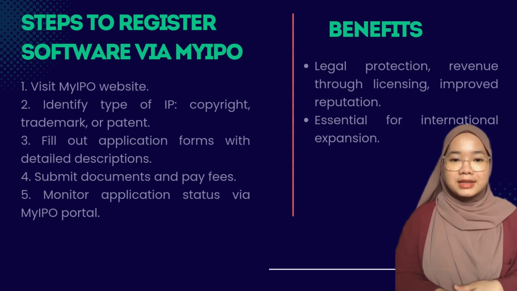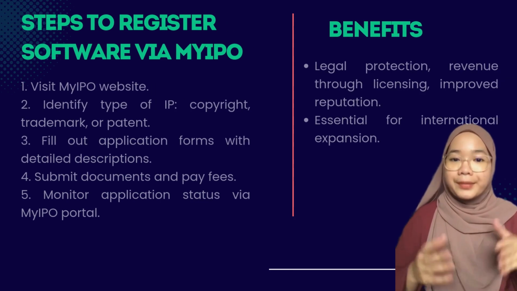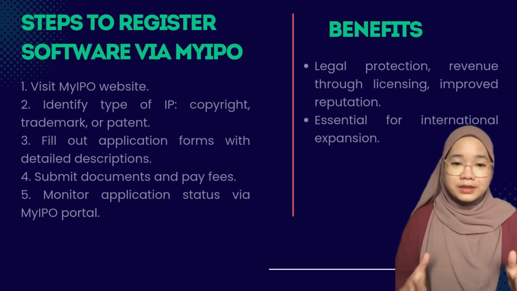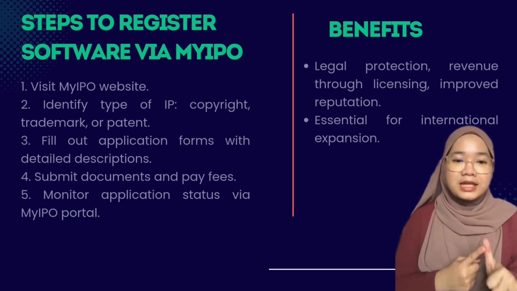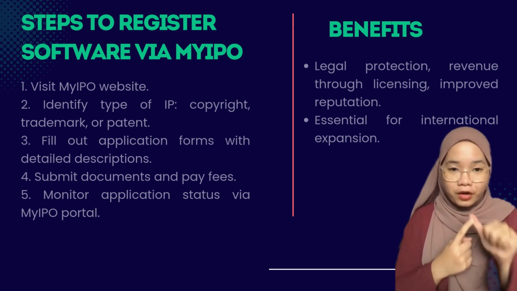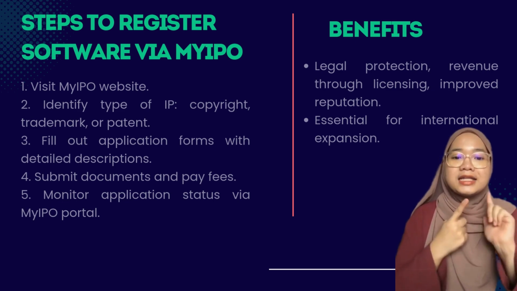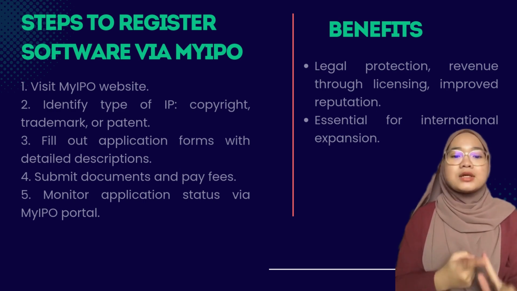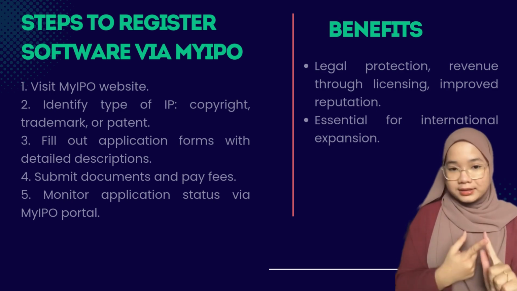So next, steps to register software via MyIPO. The process involves 5 main steps. First, visit the MyIPO website to access application forms and guidelines. Second, identify the appropriate IP type such as copyright, trademark, or patent.